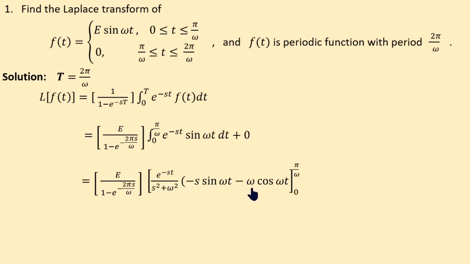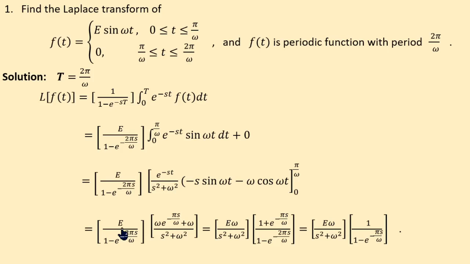And for the lower limit, e power 0 is 1, sin 0 is 0, cos 0 is 1, so the lower limit value is minus omega. Upper limit value minus lower limit value gives minus of minus plus omega. Taking omega outside, it becomes 1 plus e power minus pi s by omega, divided by s square plus omega square.